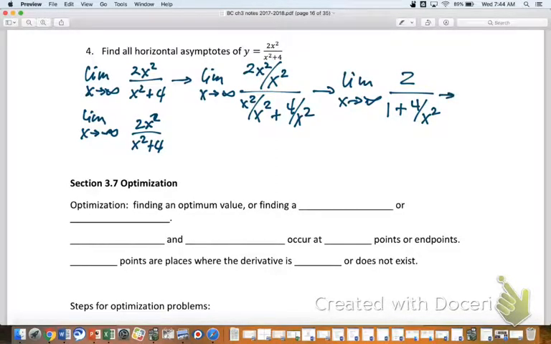And as x approaches infinity, that 4 over x squared approaches 0. And so you end up with 2 over 1 plus 0, which is 2. So then you could say, well, my horizontal asymptote is at y equals 2. Make sense? And if you did a similar idea with that limit as x approaches negative infinity, you'd get very similar results. So in this case, there is only one horizontal asymptote.